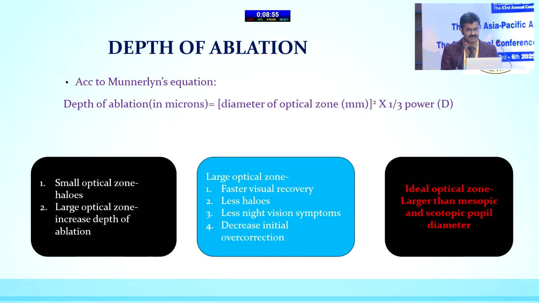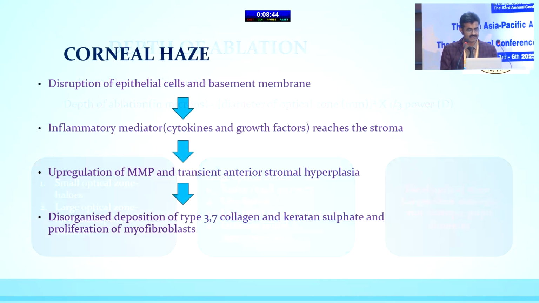So the ideal is usually larger than the mesopic and scotopic pupil. So usually people keep it at around 6 millimeter diameter, but that also varies a little with the amount of refractive error. Now this corneal haze, why does this problem occur? This is basically a disruption of the epithelial cells and the basement membrane, and this leads to an inflammatory mediator response and the release of growth factors, causing epithelial stromal remodeling.